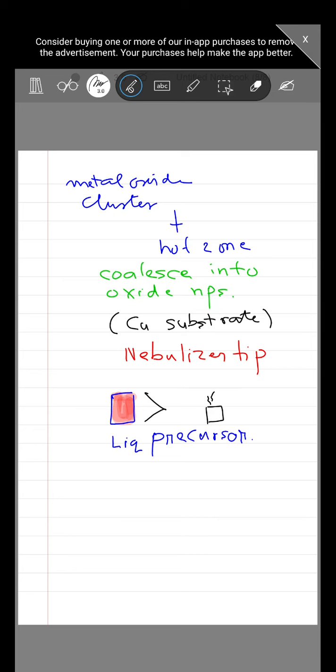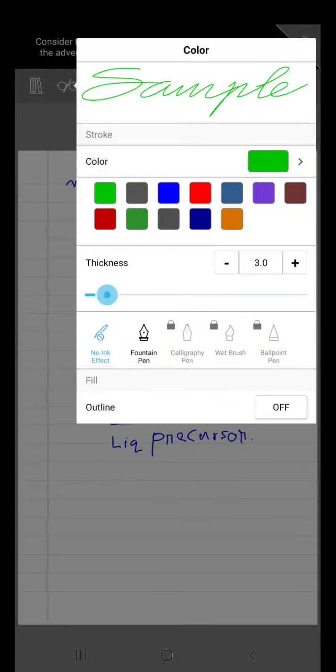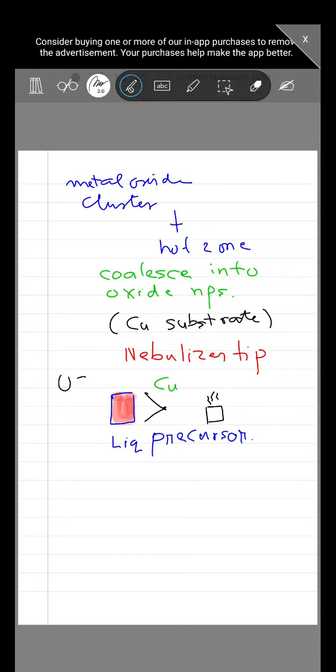There is a copper tip associated in front of the nebulizer, and we are supplying ultrasonic sound here. This burner is the oxy propane flame, call it an OXP.